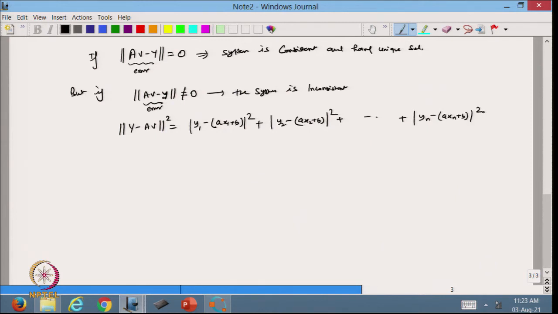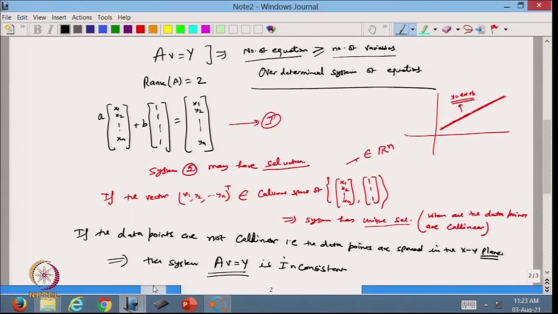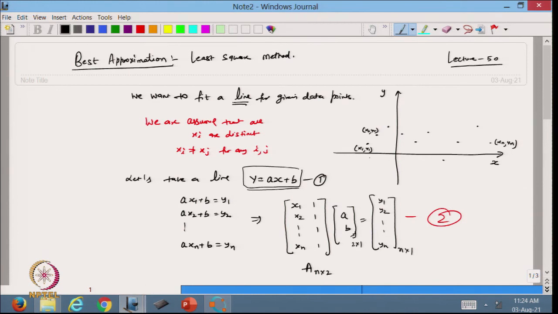This one I can take. What I am going to do is, suppose I take a line passing through these points. The error will be this, this, and this. This is the error corresponding to this x.